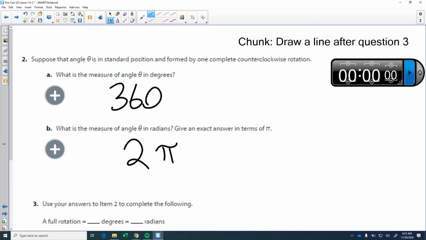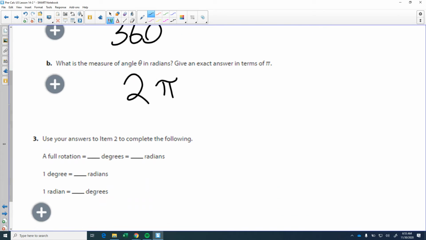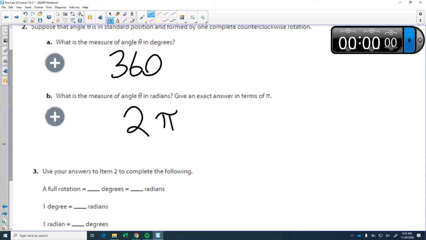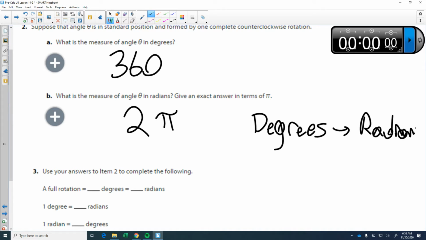Now, understand if I want to really work this out, how do these relate to one another? If I want to turn degrees into radians, I'm going to use a simple process, and I can use these values to my advantage. Think about how they're related.